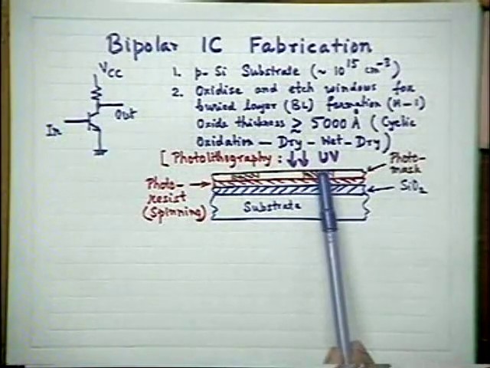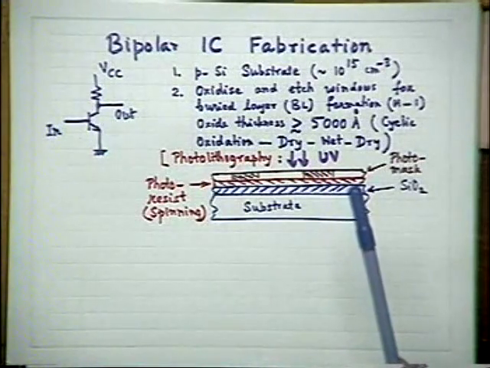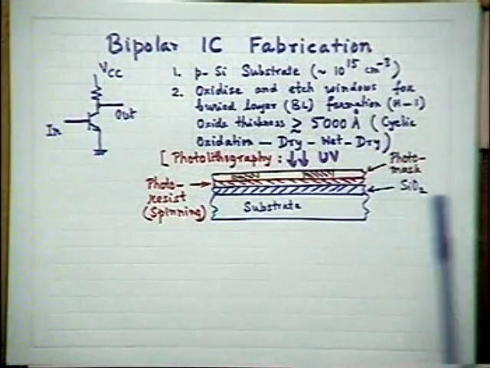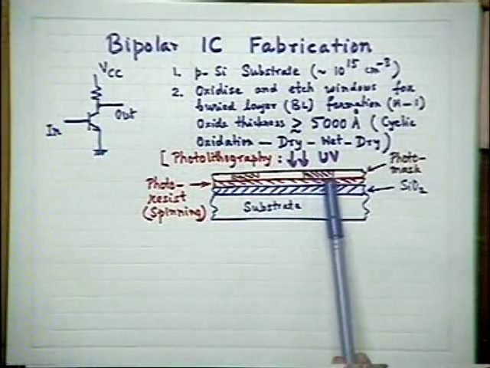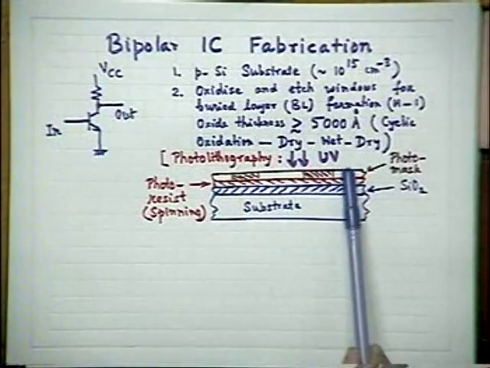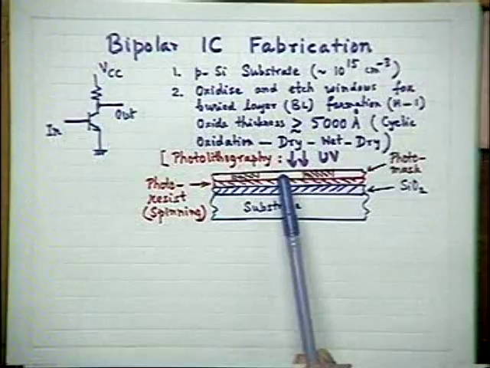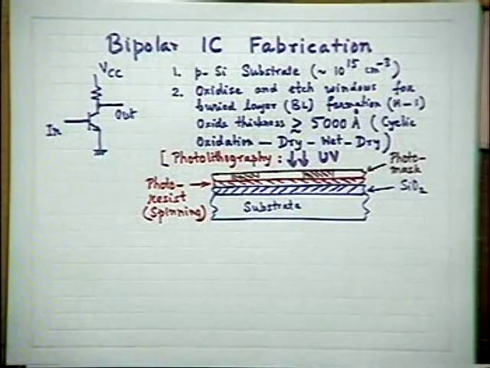Here the black regions indicate the regions through which ultraviolet cannot penetrate, whereas these regions indicate the transparent regions through which ultraviolet can penetrate. If it is a negative resist, these regions, through the clear portions, will be exposed to ultraviolet light and will become chemically resistant.